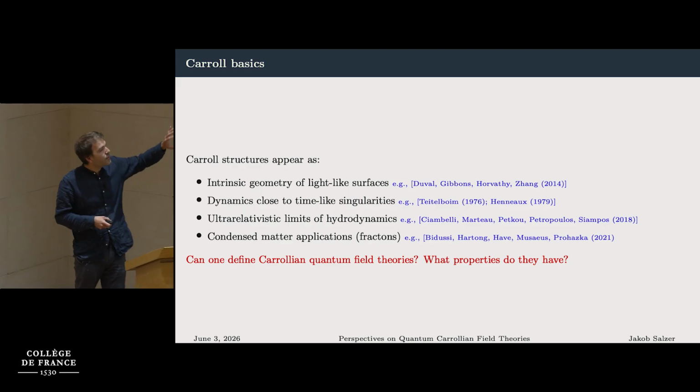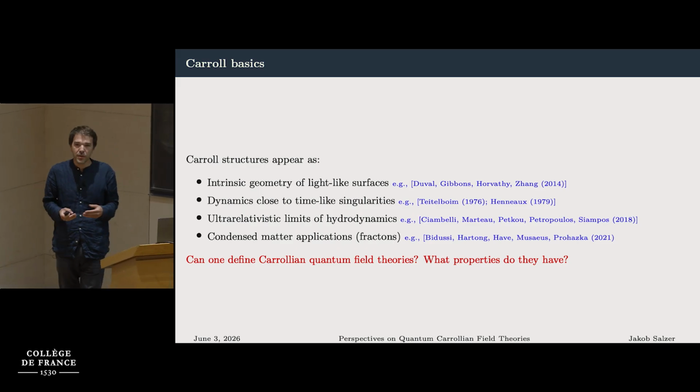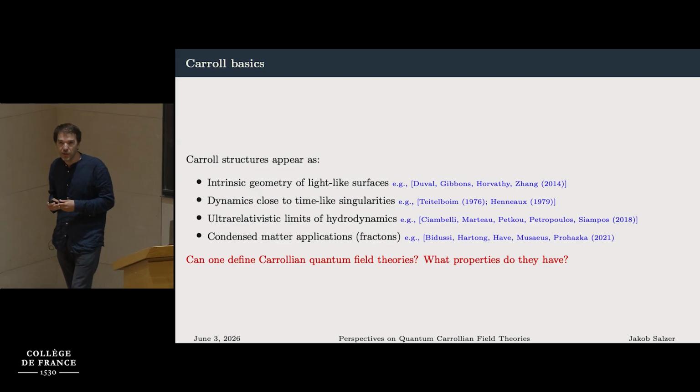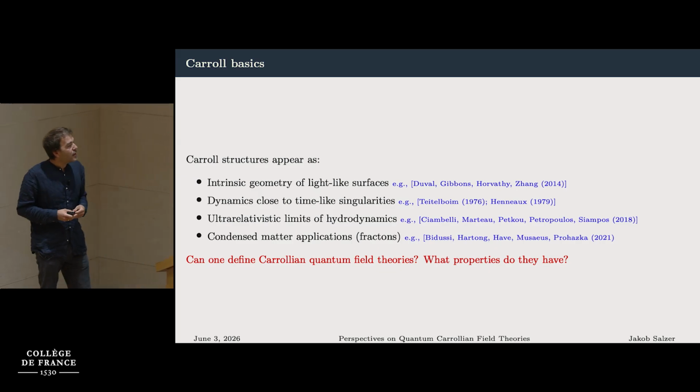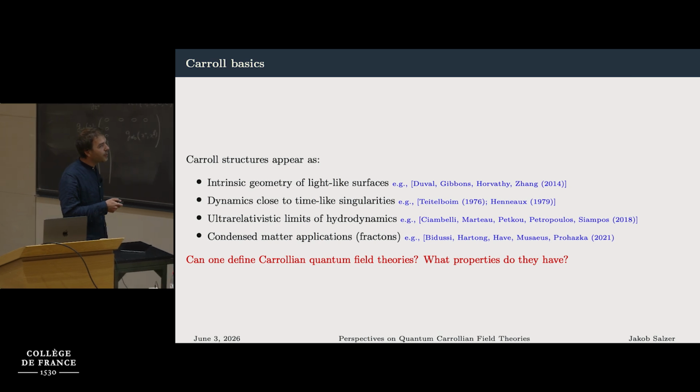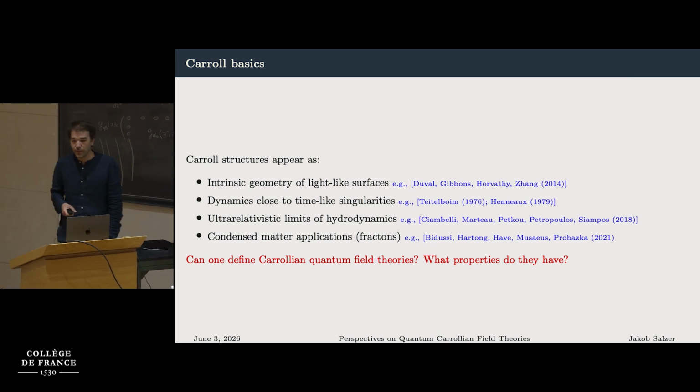Now, given this motivation, I think it's a very natural question to ask first, can we come up with field theories that couple to a Carrollian structure? The answer to this is yes, as we will see in a moment. But then secondly, can we also quantize them? And if we do this, what properties do these theories have?